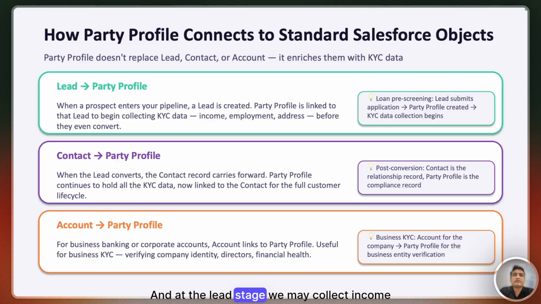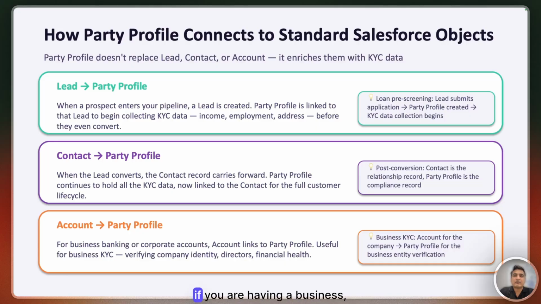At the lead stage, we may collect income, employment, and address before they even convert. When the lead converts, we may create a contact record or maybe a personal account. So we link that person account or contact into the contact lookup, and Party Profile continues to hold all the KYC data. Now it is linked with the contact also. Whatever data we capture at the lead stage is now connected with the contact also and can be reutilized. Same happens with the account also.